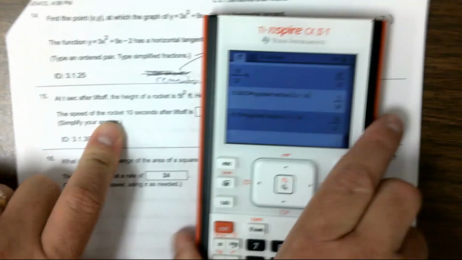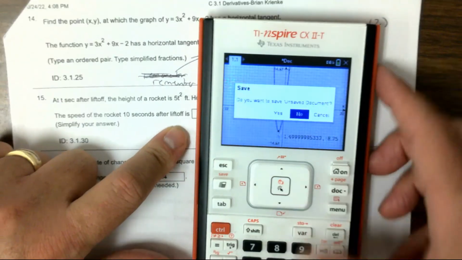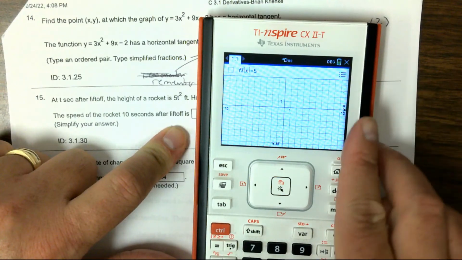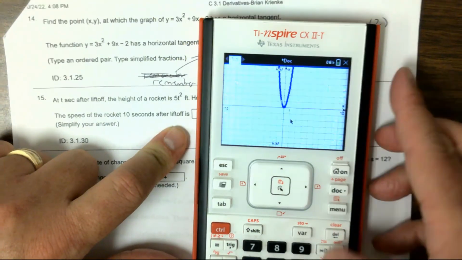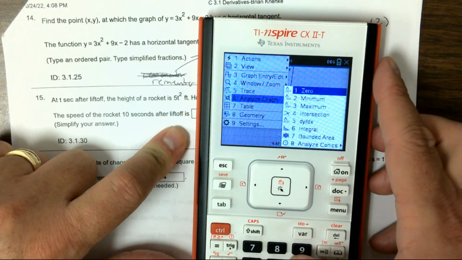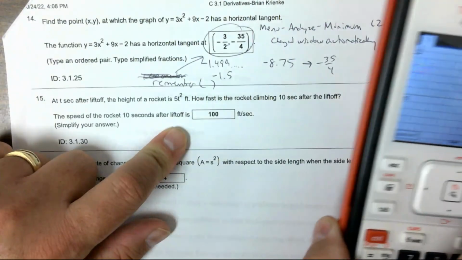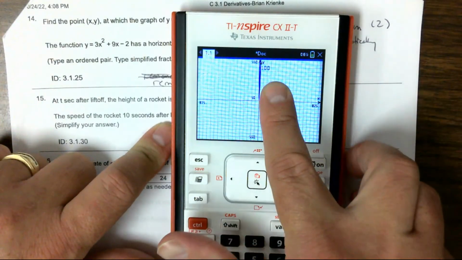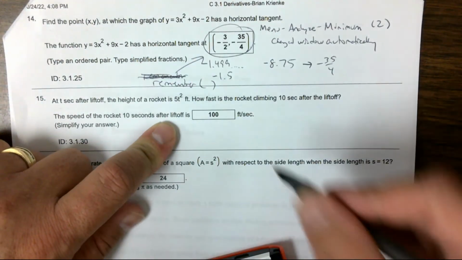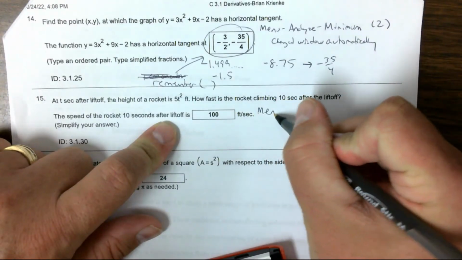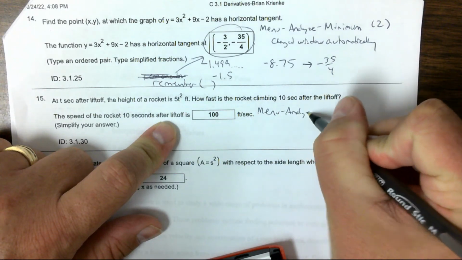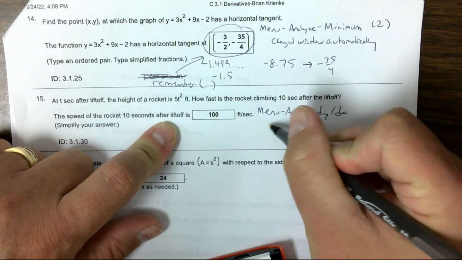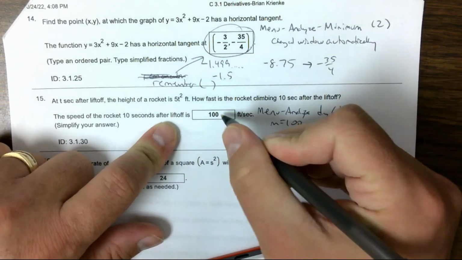So let's just try it with the same approach. 5x squared, menu, analyze, dy dx at 10 seconds. Tells me 100. So that worked. This was menu, analyze, dy dx, and it said 100, which is your answer.